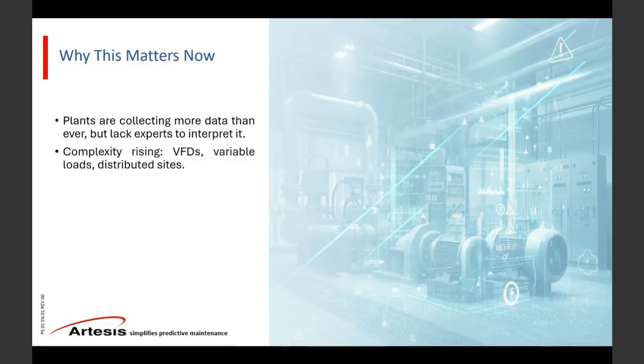We've got VFDs, load swings, remote sites, equipment that runs intermittently, so the signals don't stay clean and predictable, and everything becomes more dynamic. So what happens is there's a mismatch which keeps growing. You have more measurements, more trends, more alarms, but not nearly enough specialist time to make sense of what it all really means.